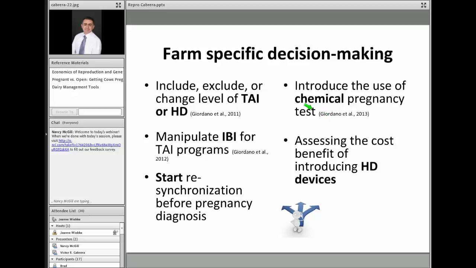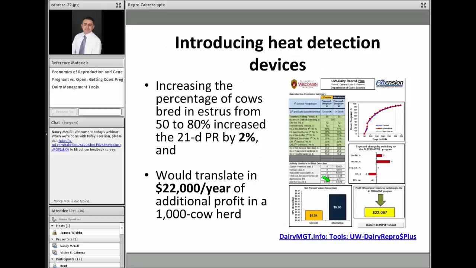We can do that analysis very efficiently using the tool you are going to see in a moment, the UW Dairy Repro $+. Okay, we can also use, and this has been one of the latest additions or updates on this tool, using heat detection devices, which are becoming, as you may know, very popular lately. What is the value of introducing those on our reproductive programs, for example?